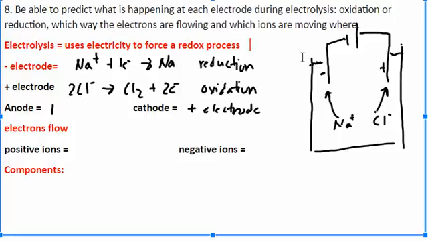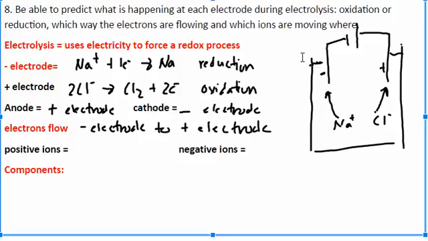So that's going to be the positive electrode because oxidation is occurring. And the cathode is where reduction occurs, which in electrolysis is going to be the negative electrode. And so the electrons flow from the negative electrode to the positive electrode.